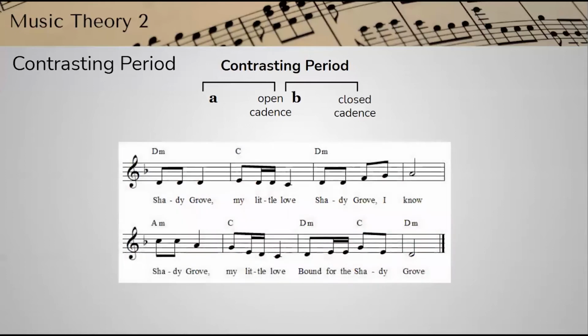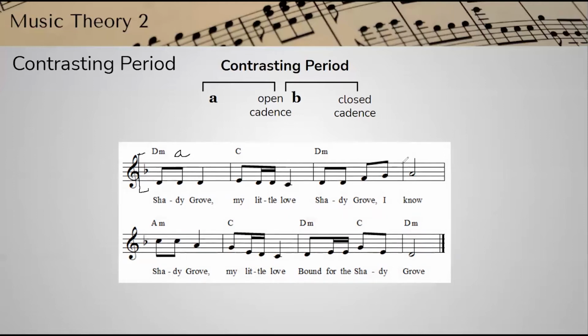So here's an example. This is a folk song called Shady Grove. Okay, and you can see that the first phrase, right, these first 4 bars, we would call that A because that's the first thing we hear.